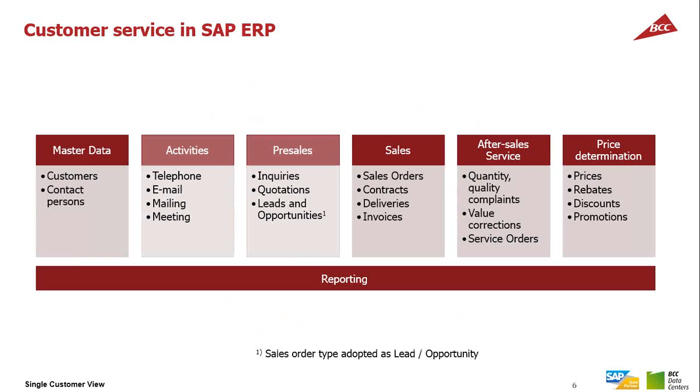In SAP ERP, we collect many kinds of information. We have customer database, including contact persons. We may extend this with database of competitors to analyze later on which deals have been lost to which competitors. We can register activities like phone call, email, meeting, or even mailing. We have pre-sales documents, inquiries, quotations, for example. We have sales documents like sales orders and contracts that are followed up later on by deliveries and invoices.